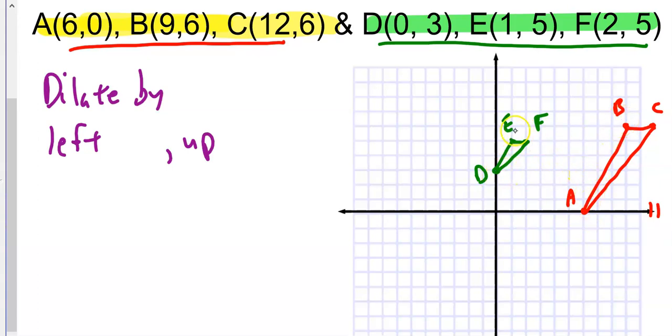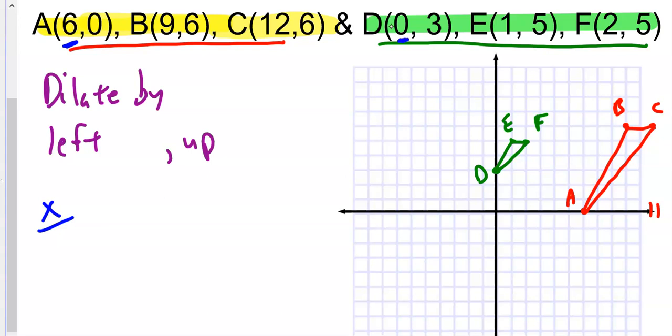B, again, so we got a few other things going on here. We got to move it, right? So let's take a look. Let's see what's going on with this one. Okay. One way of actually doing this is you can set up a system of equations. You can do this by looking at your x values and then your y values. So I first take a look here at my x values. I'm going to look at 6 compared to 0.